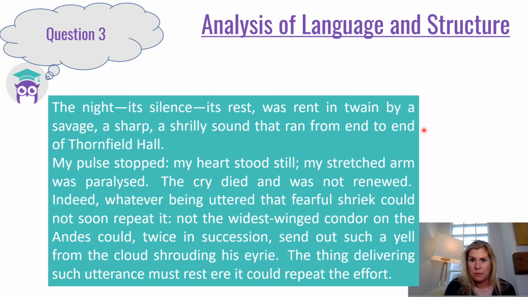I'm picking out adjectives like savage, sharp and shrilly, a list of 3 in itself. I'm picking up the fact that there's sibilant alliteration and fricative alliteration here in sharp and shrilly, and the connotations of those words. Well, savage sounds very violent and almost primal, suggests the person that has made this noise is perhaps in a great state.